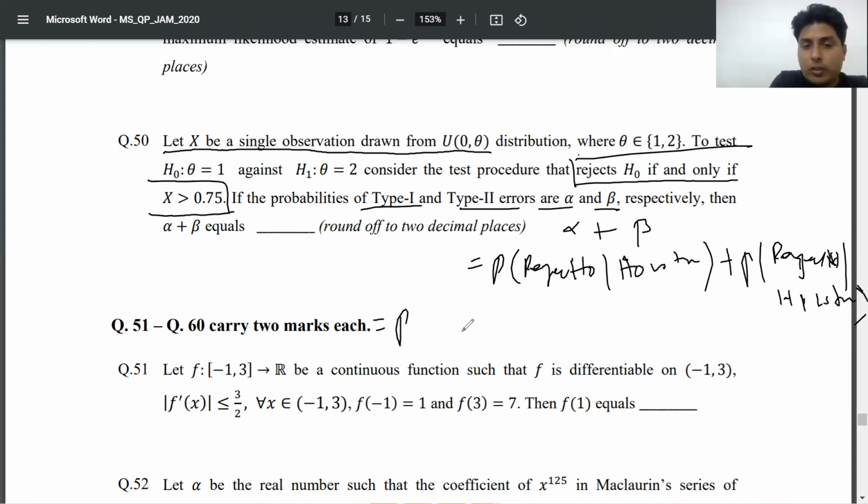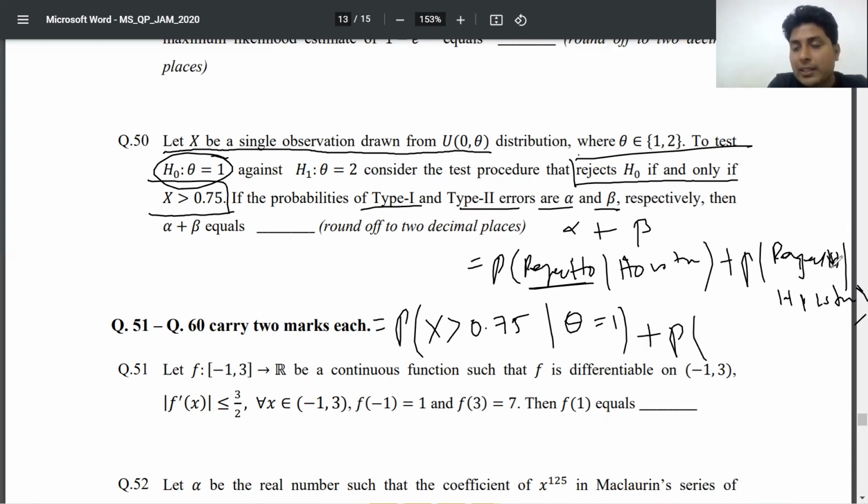So when can we reject H0? We reject H0 if x is more than 0.75, given H0 is true. When H0 is true, theta is 1. Plus the probability of rejecting H1.